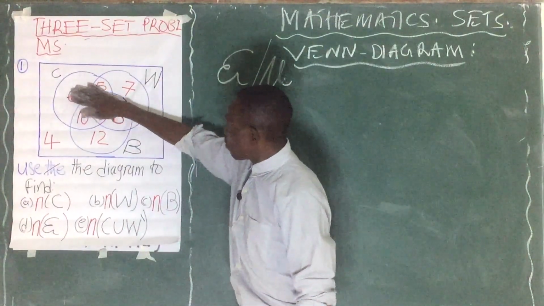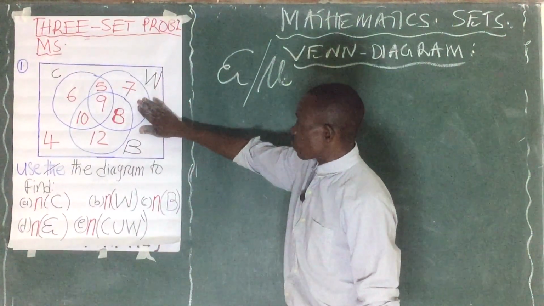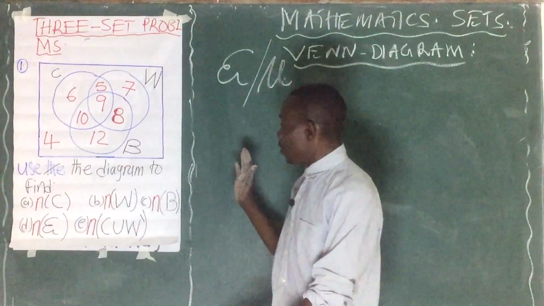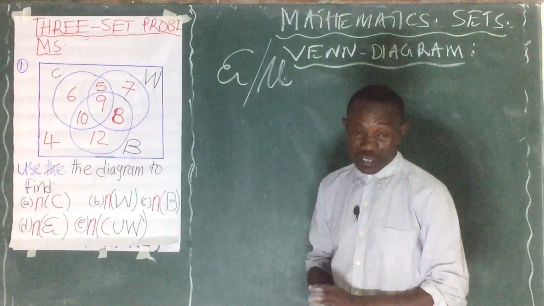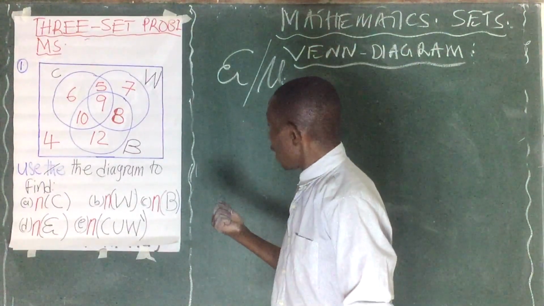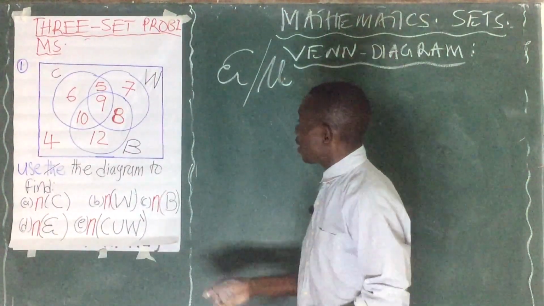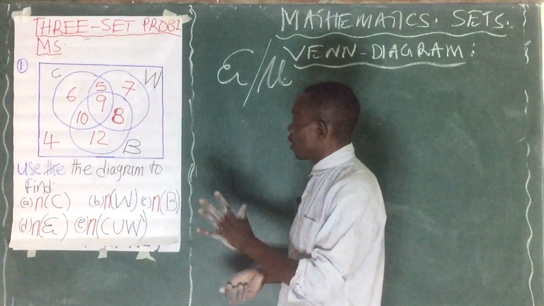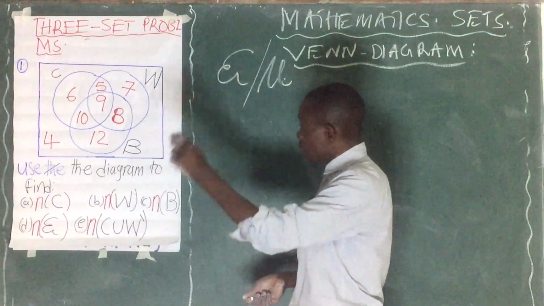Look at the space. 7 also talks of W only. So first try to define that before we go into answering the question. That's very important each time we discuss sets and it comes to a Venn diagram. When you see it, first analyze and define what each space represents, what category of set those numbers are.